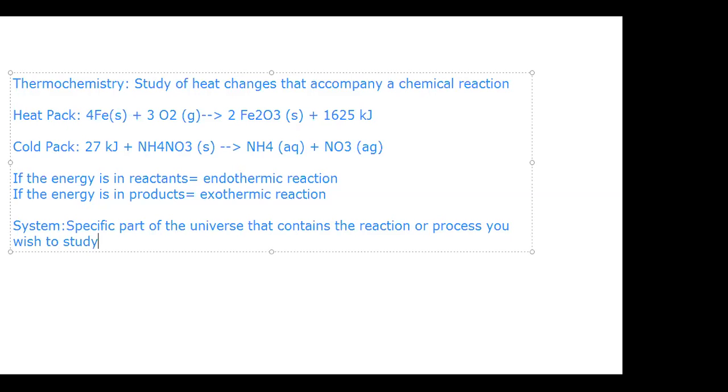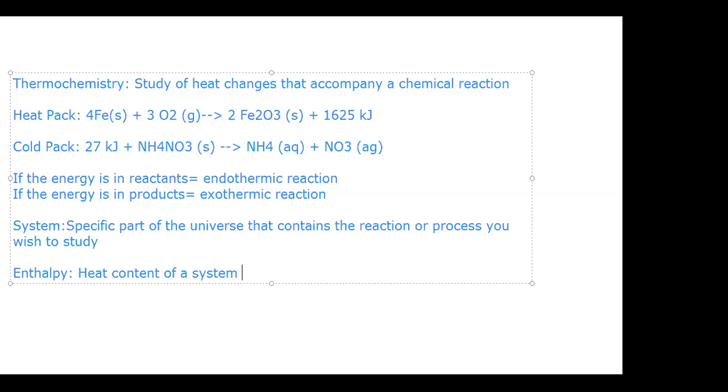What we want to look at when we're measuring this change is enthalpy. Enthalpy is just the heat content of a system at constant pressure. It's hard to measure the enthalpy of a substance, but we can measure the change in enthalpy.